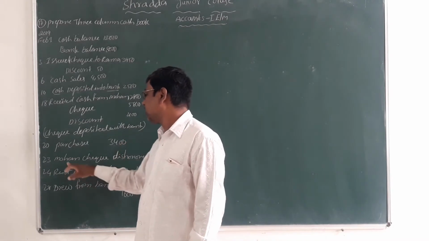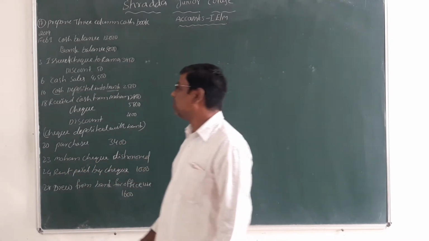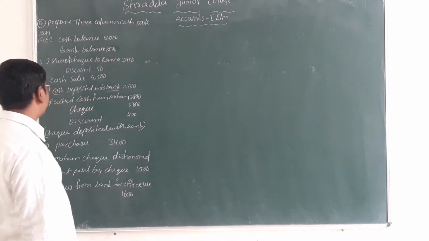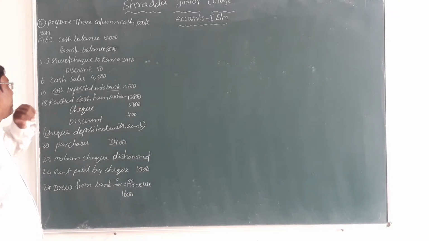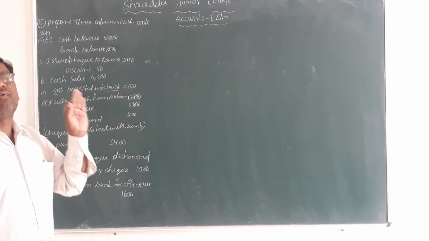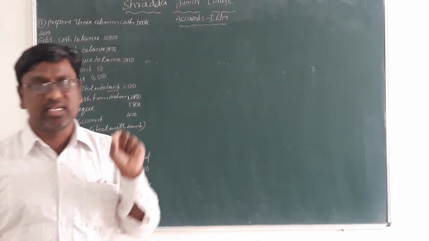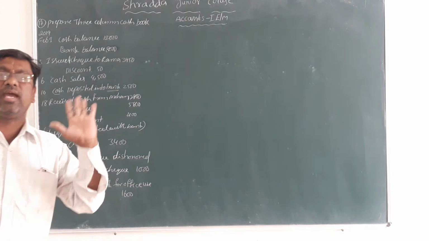Okay, now students, Mohan's check dishonored. Where is that? Received cash from Mohan 2800, check 5800. So Mohan's check, how much was given here? A check of 5800 rupees was given. The check is dishonored. Dishonored means failed.